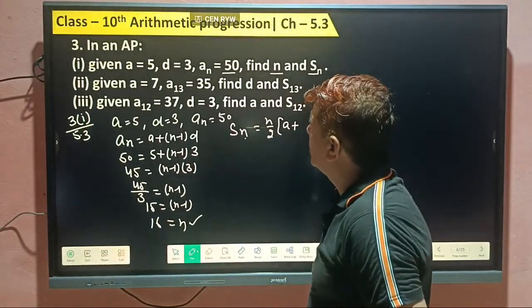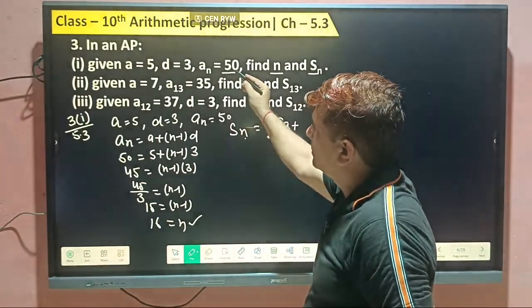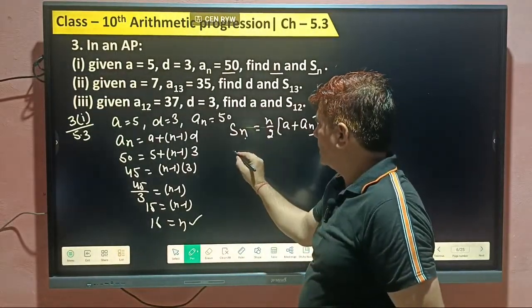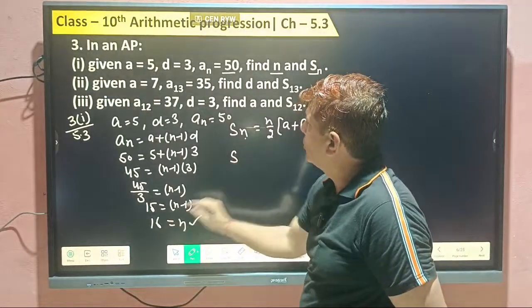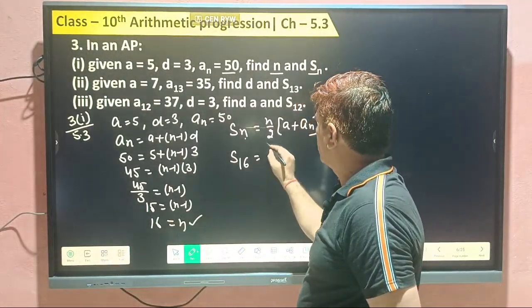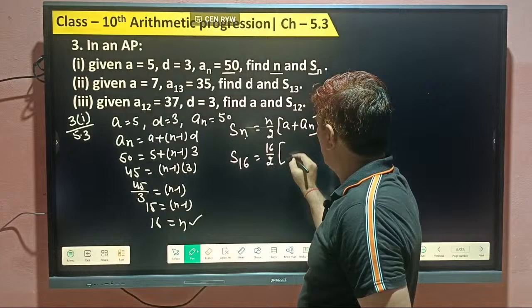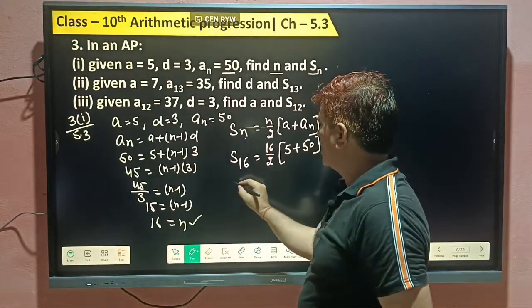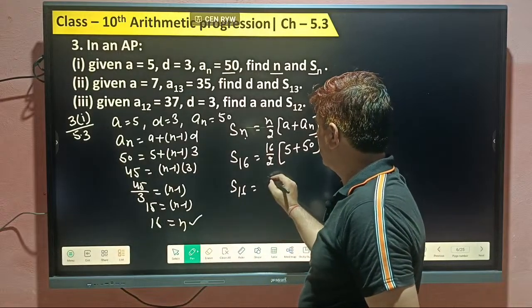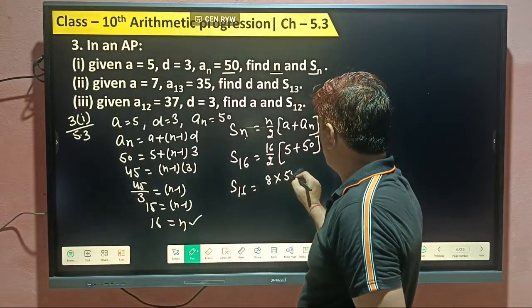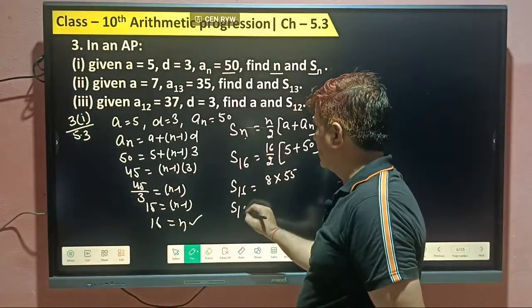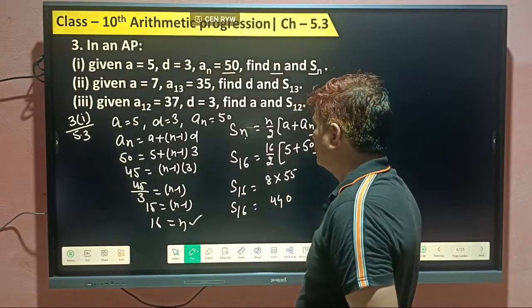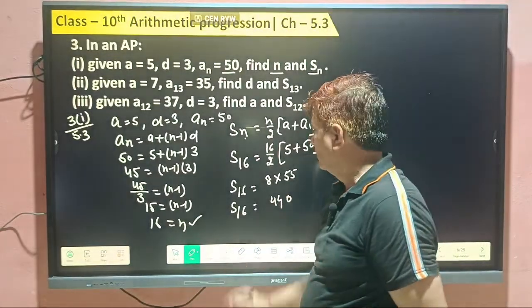The last term is given, AN is 50. So S16 equal to 16 by 2 into A 5 plus AN 50, so S16 equal to 8 into 55. So S16 equal to how much? This.